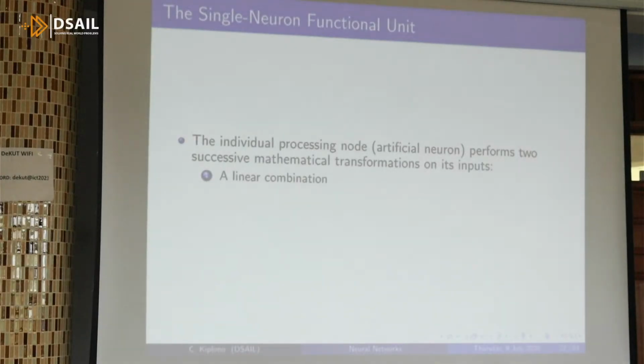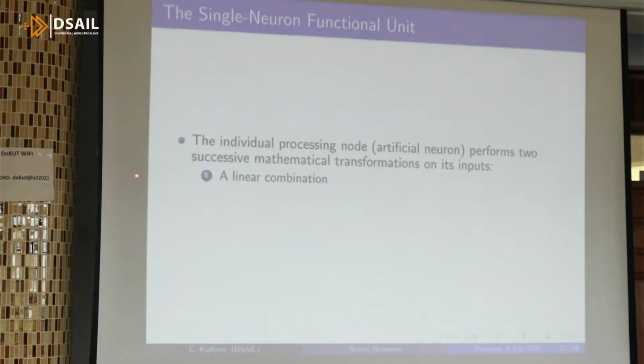All right. The individual processing node, which is the neuron, performs 2 mathematical transformations on its inputs. So that single node, that single circle that we saw there, think of it as a bunch of computations happening. What computations are happening?